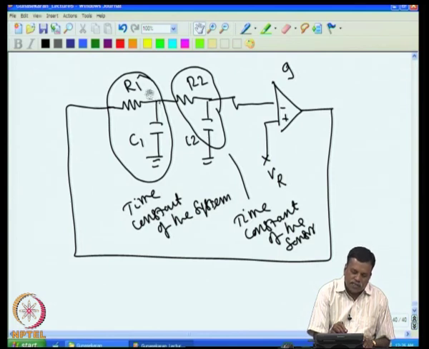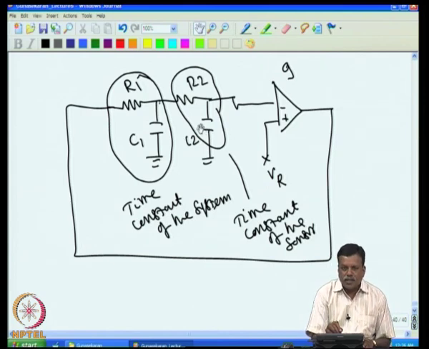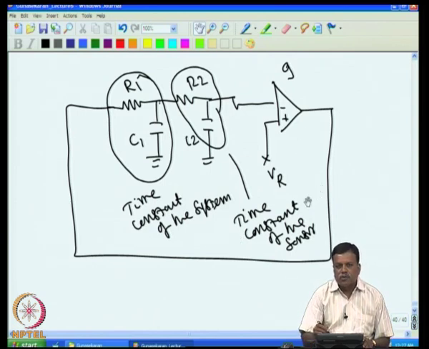So the system works as an attenuator here, and this also works as an attenuator. The combined attenuation times this gain, if it is more than 1, and the entire loop phase shift is 360 degrees, then the loop can oscillate.